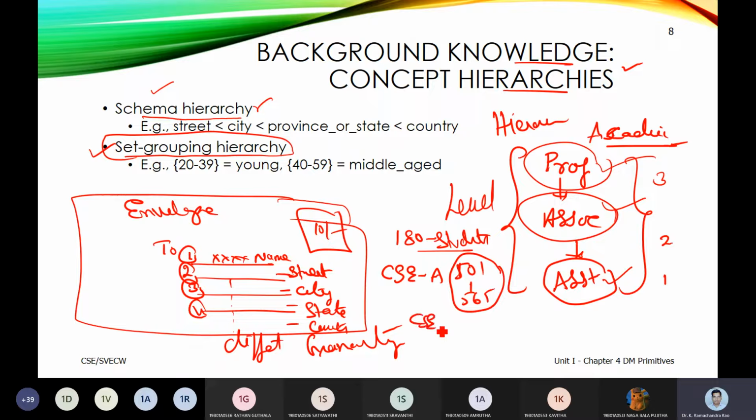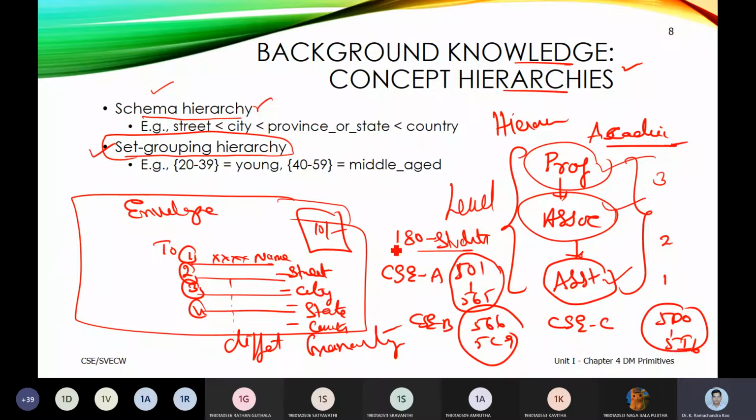Then for CSCB, I will put a label from 5C6 to 5C9, in the B section group. Then I will take another group called C section, and I will give from 4D0 to 4I6 or so, into another group.